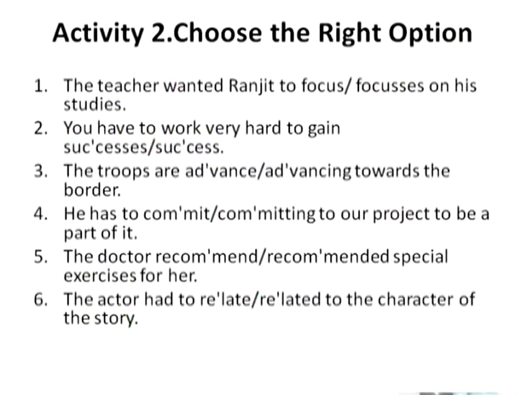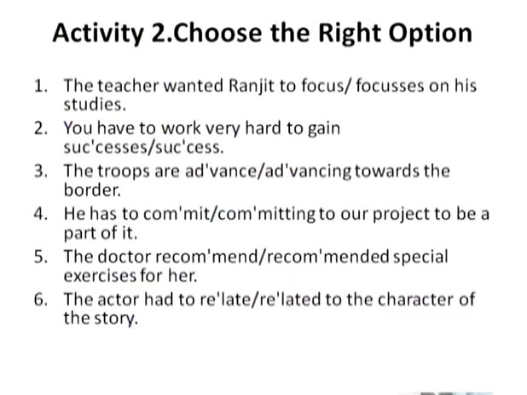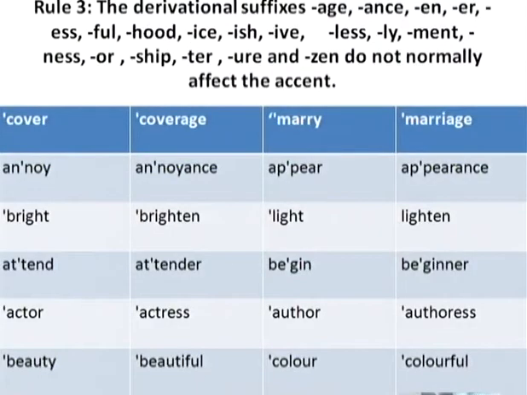So that was an activity just to get us to pronounce the words differently and correctly, with the second rule, which was that the inflectional suffixes ed, s and ing do not affect the accent. To go further, we have rule number 3.